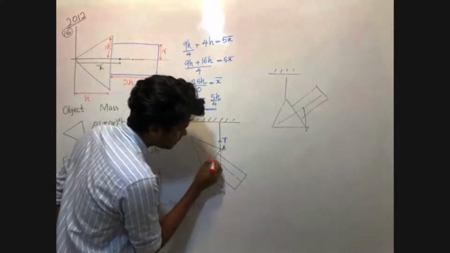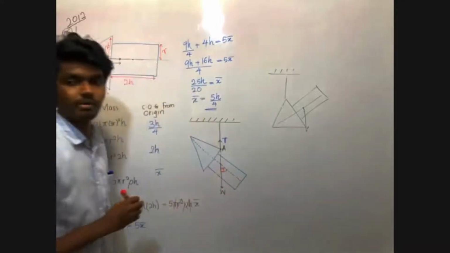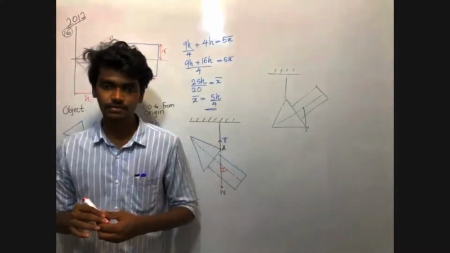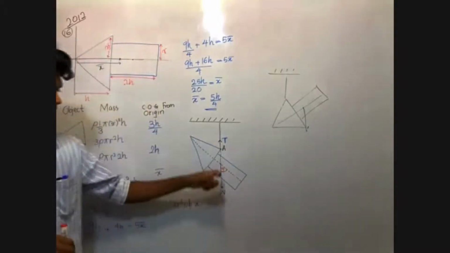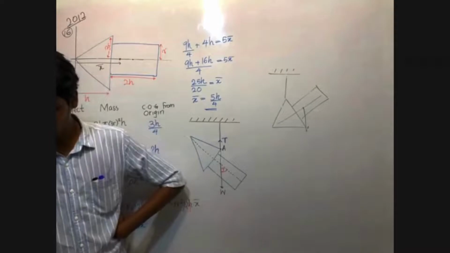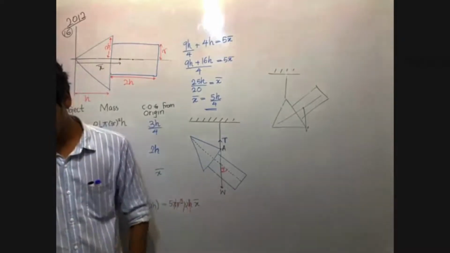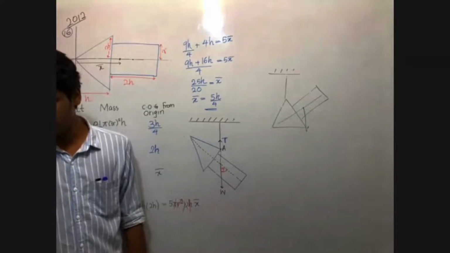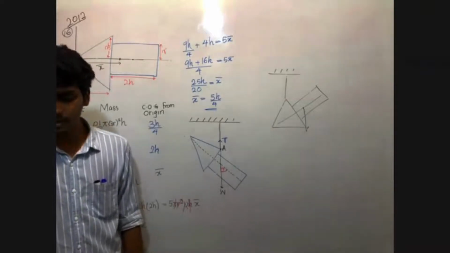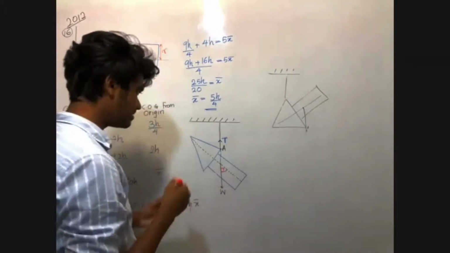If this axis of symmetry makes an angle alpha, this is alpha. Show that tan alpha is 12 over rho. It's very easy.